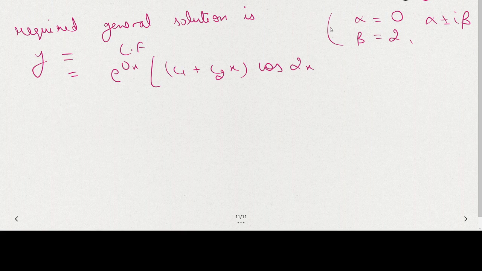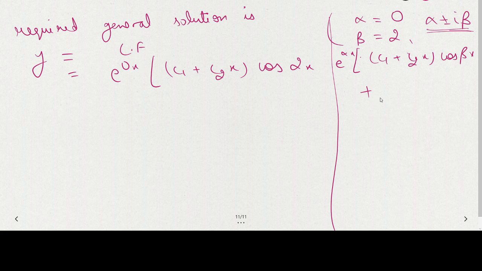If we have repeated roots like that, then it will be e^(alpha x) [(c1 + c2 x) cos beta x + (c3 + c4 x) sin beta x].